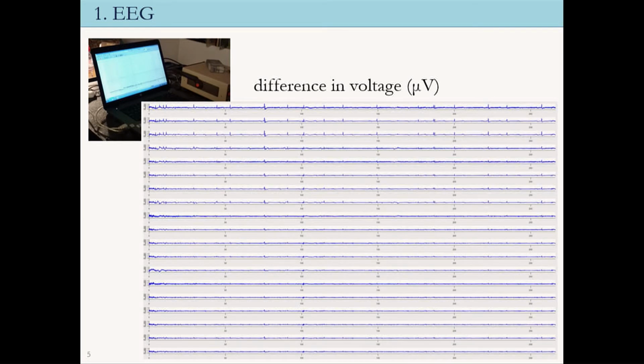And this looks something like that. Each one of the sensors here has a name. Each one of the graphs corresponds to a specific sensor, and this is what we call a time series. It is the activity of the brain being recorded in very high temporal accuracy. We can see the brain activity evolving pretty much live, with a few milliseconds accuracy.